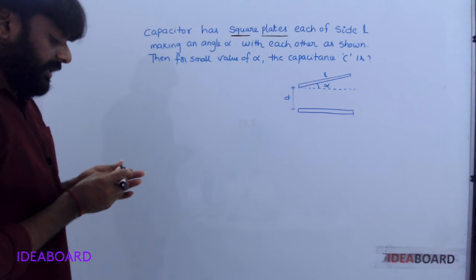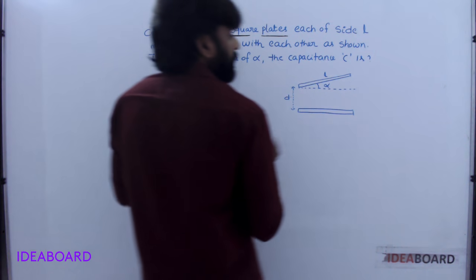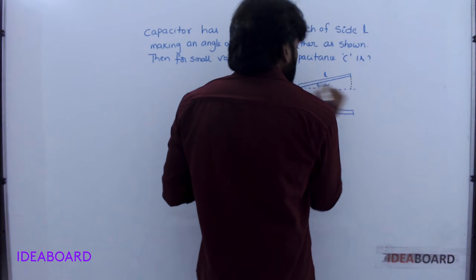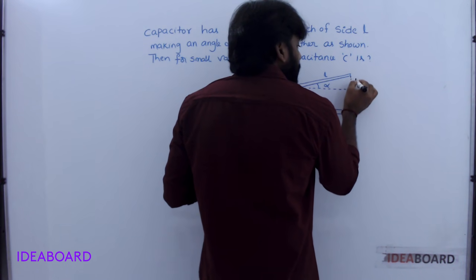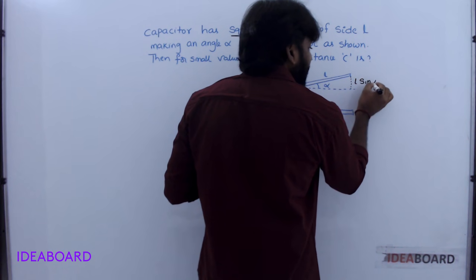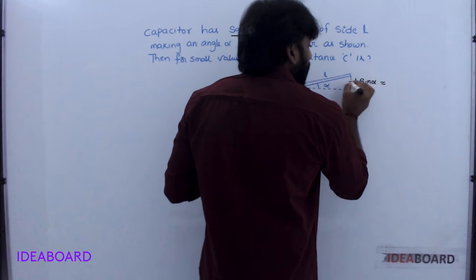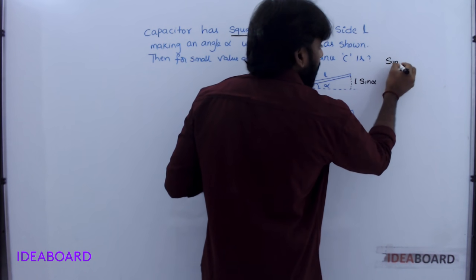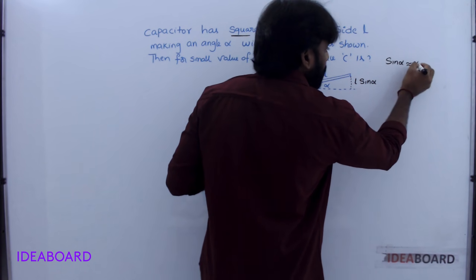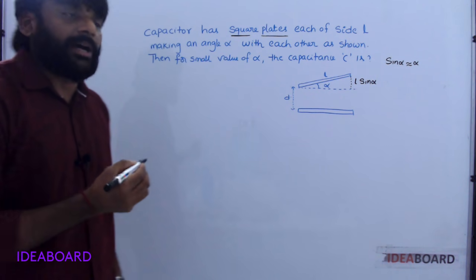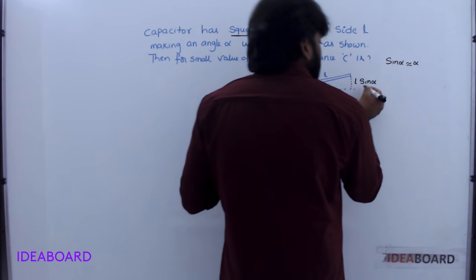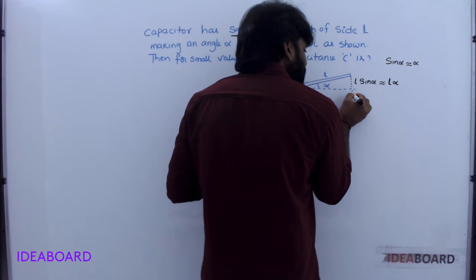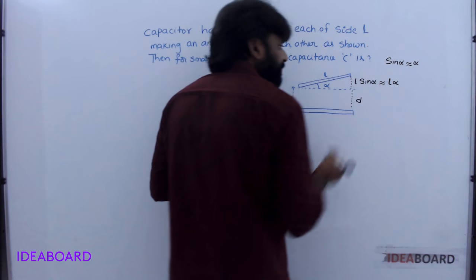First of all, find out the mean distance. The opposite side is L sine alpha. For smaller angles, sine alpha is approximately equal to alpha. So L sine alpha is simply L alpha. This distance is as usual D.